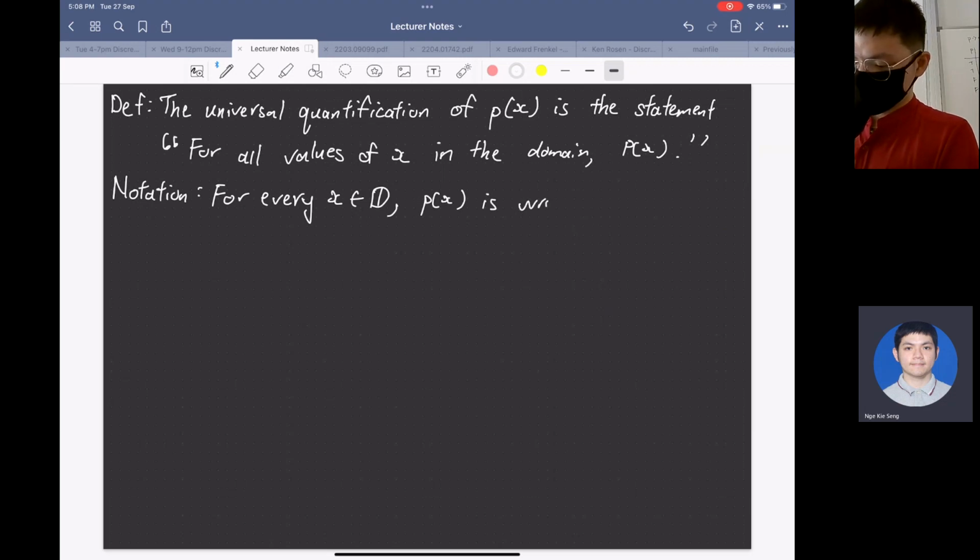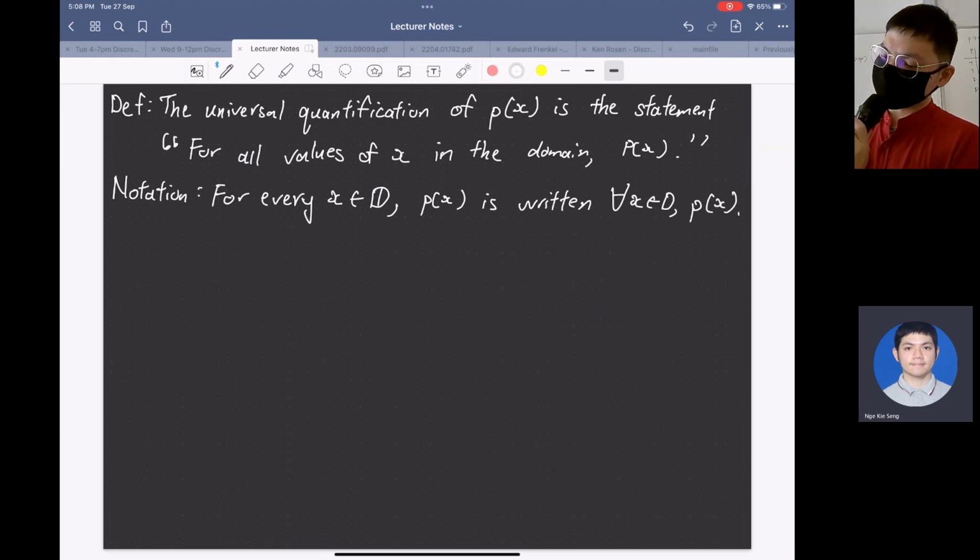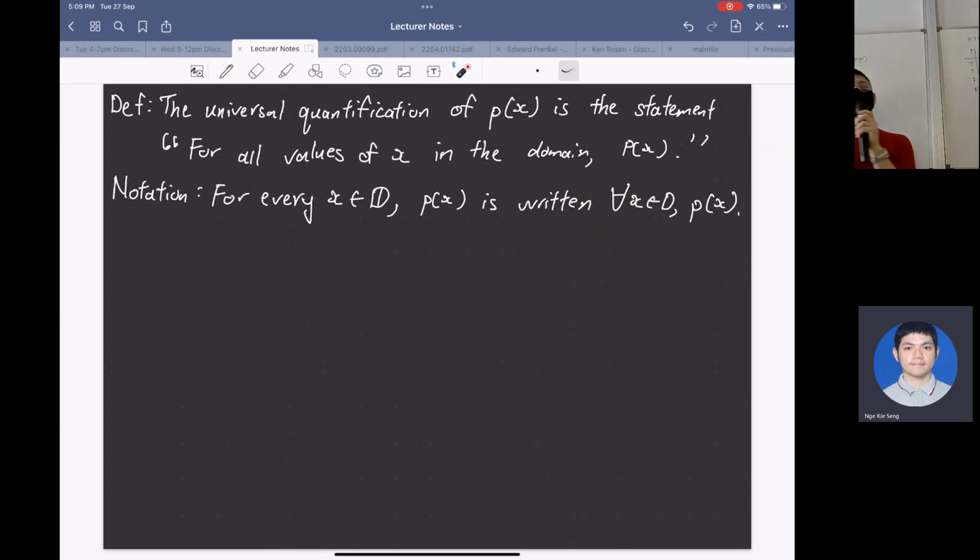Usually we will write it in this very short form. So it's like for every x in D, P(x). You will notice that this is an inverted A. Inverted, you know what's inverted?